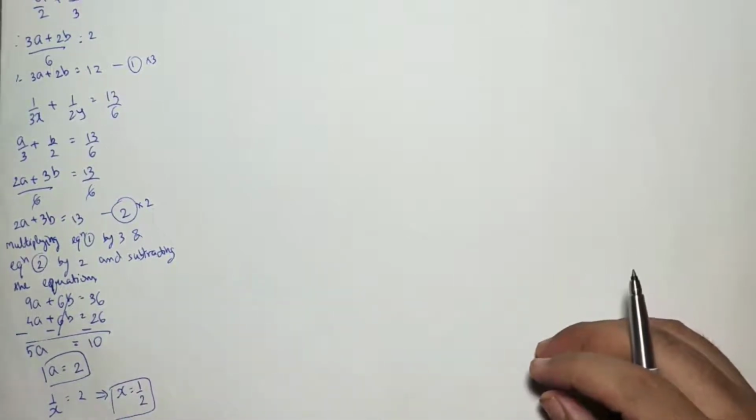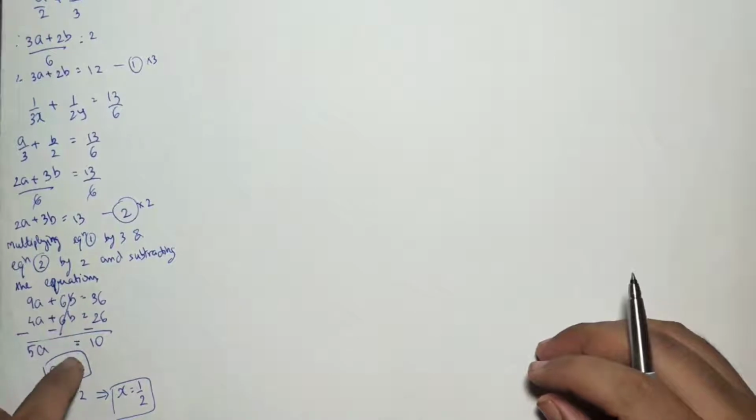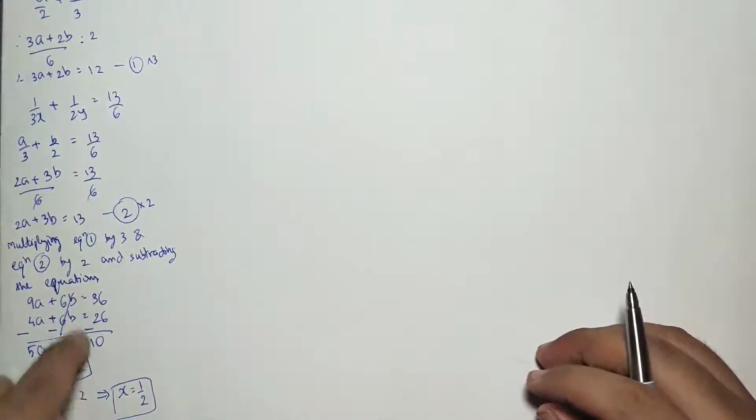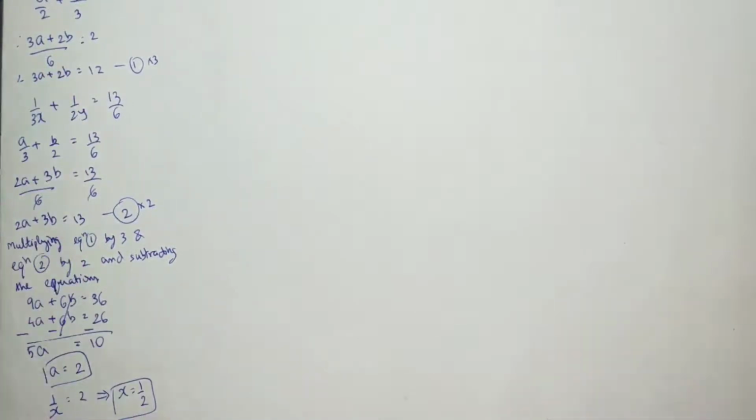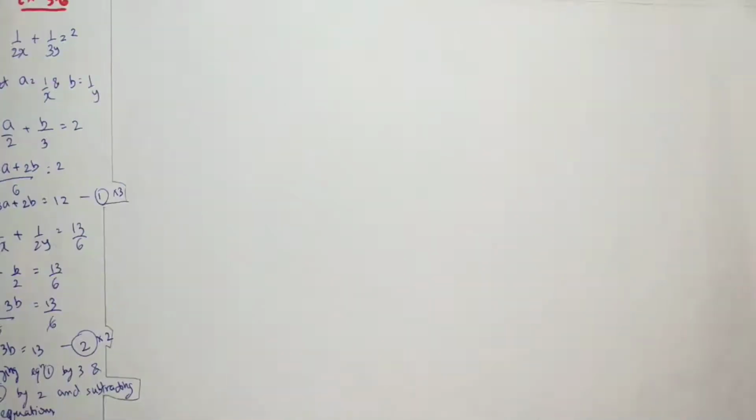Now to find y, we should know b. So using the value of a, I will substitute in any one of the equations. I will find the value of b. So let us find the value of b.